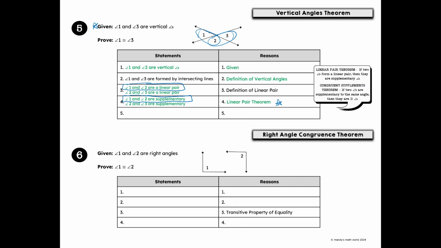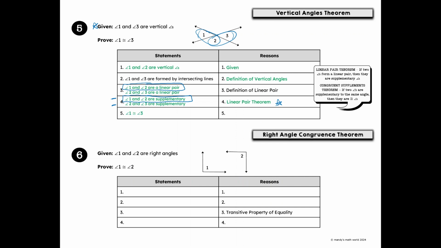Okay, let's see what else. We have that angle 1 and angle 2 are supplementary. Angle 2 and angle 3 are supplementary. Wait a second. If two angles are supplementary to the same angle, right? 1 and 2, 3 and 2, what does that tell me?